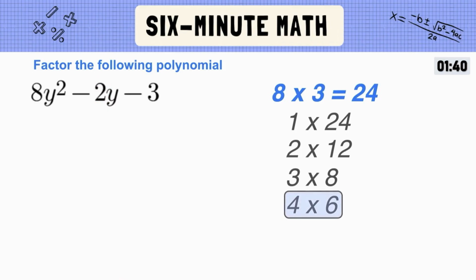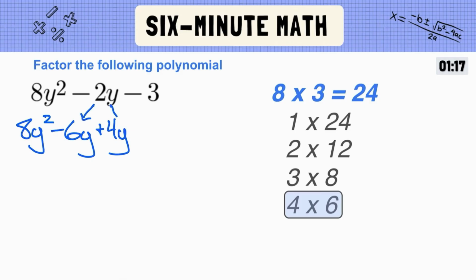That would be my 4 and 6. So I'm going to split this b value into two terms with 4 and 6. So we drop our a, 8y squared. In this case, I'm going to have minus 6y plus 4y. If I were to combine those, that's where I would get my negative 2y from. And I'm dropping my minus 3.